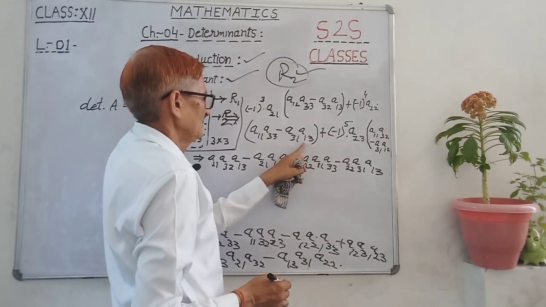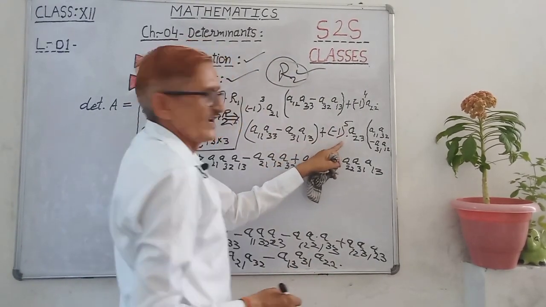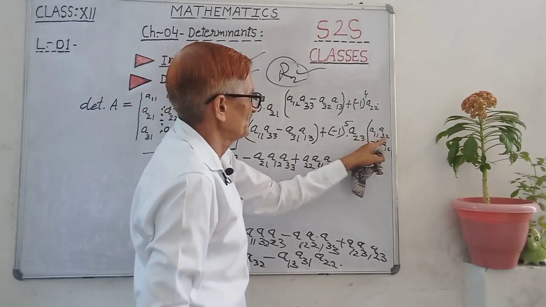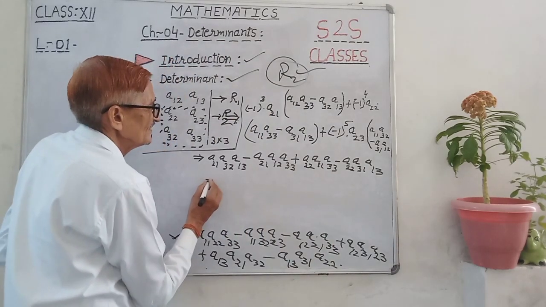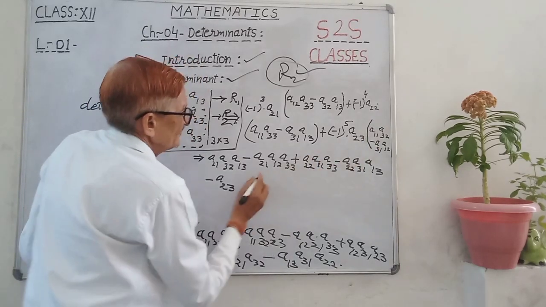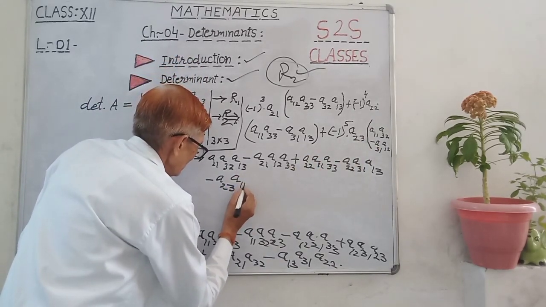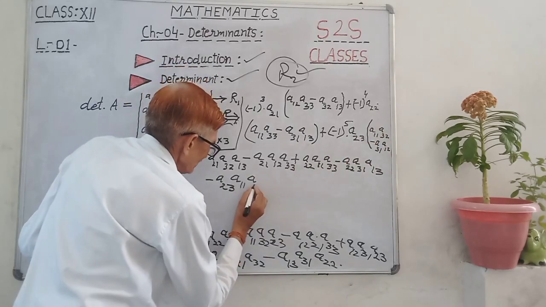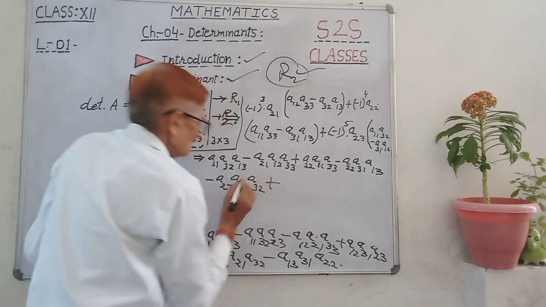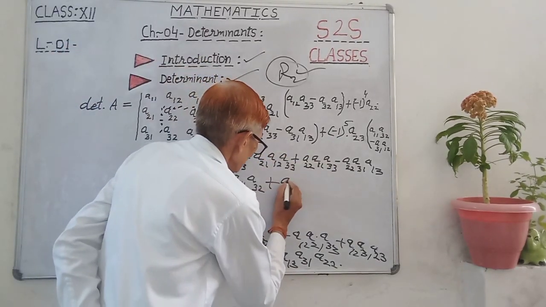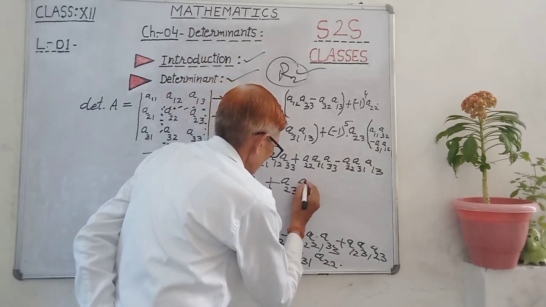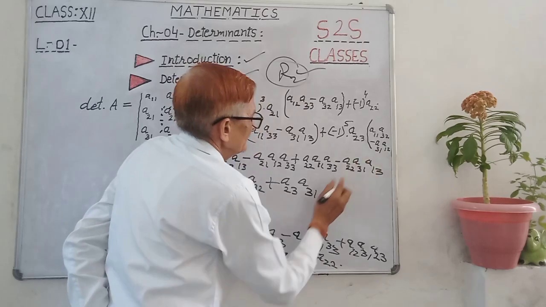Done, okay. Now minus 1 power 5 is minus 1, into A23, so minus A23 into this positive, so minus A23 A11 A32, and this minus and this minus gives plus, this A23 into A31 into A12.